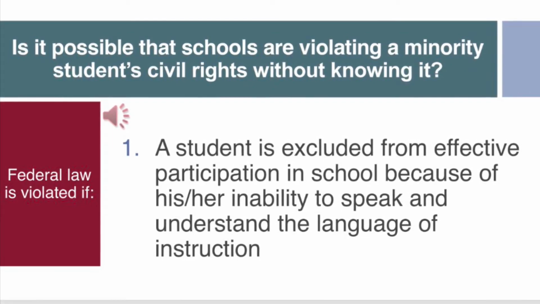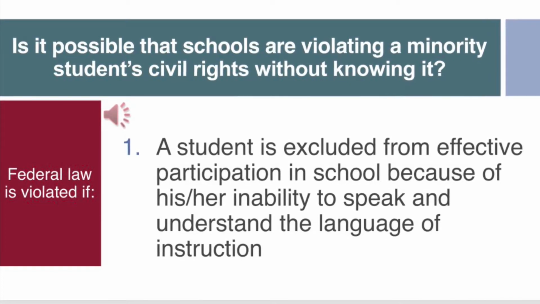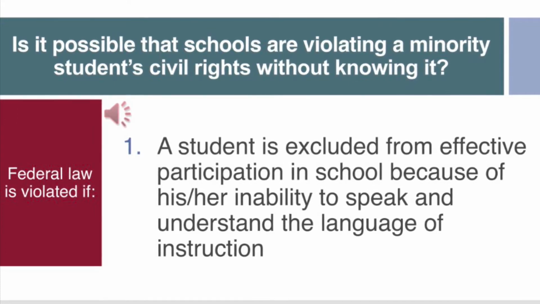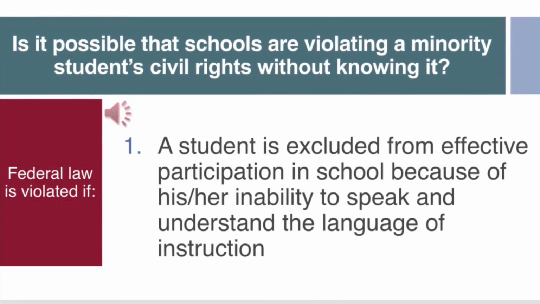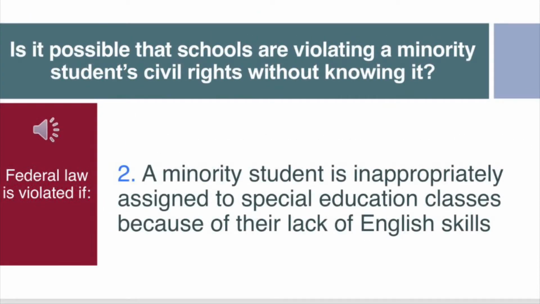Federal law is violated if, number one, a student is excluded from effective participation in school because of his or her inability to speak and understand the language of instruction. Number two, federal law is violated if a minority student is inappropriately assigned to special education classes because of their lack of English skills.